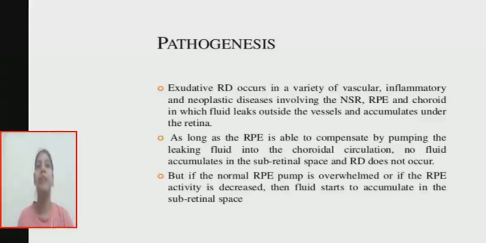As long as the RPE is able to compensate by pumping the leaking fluid into the choroidal circulation, no fluid accumulates in the subretinal space and retinal detachment does not occur.